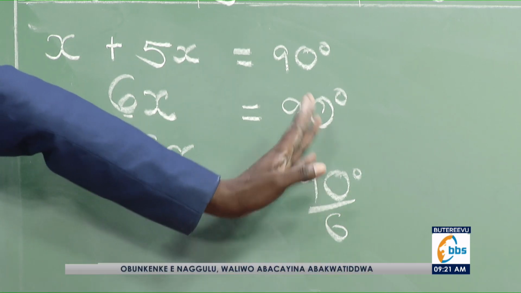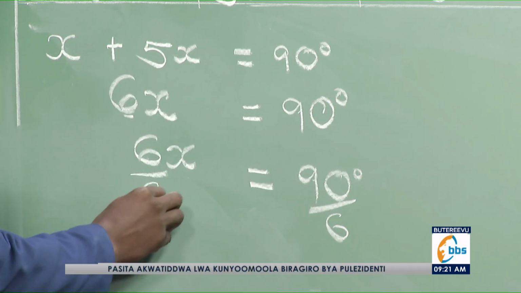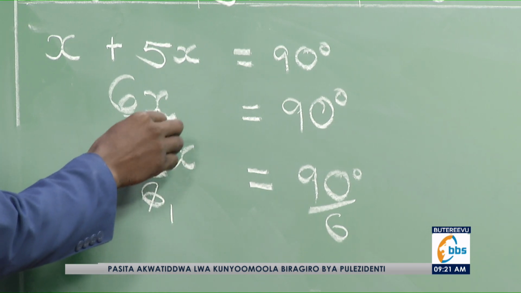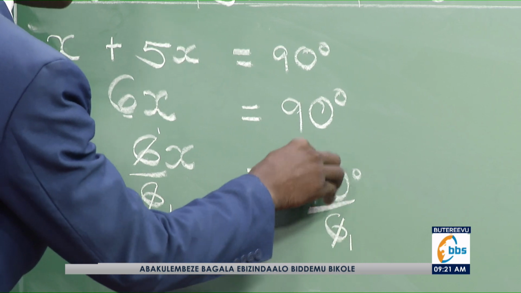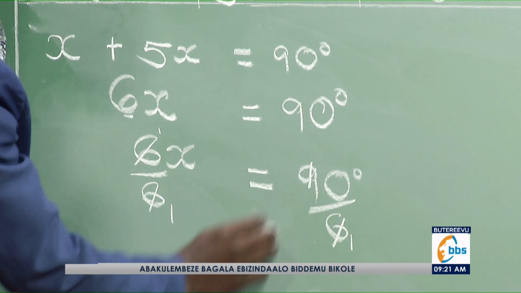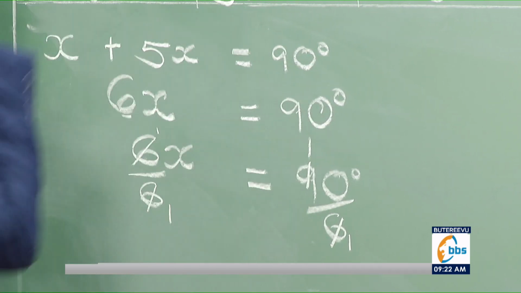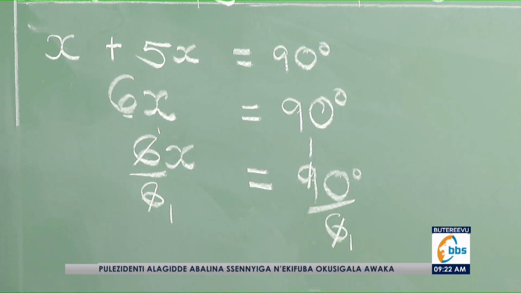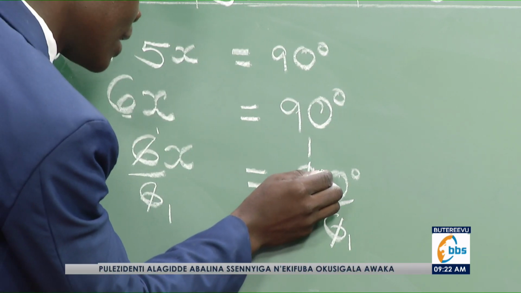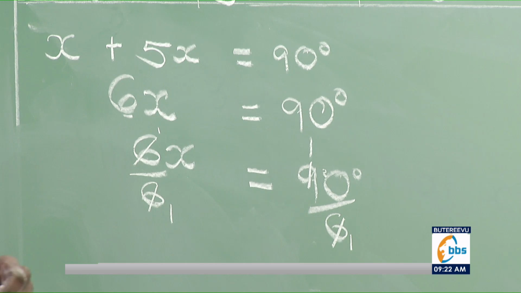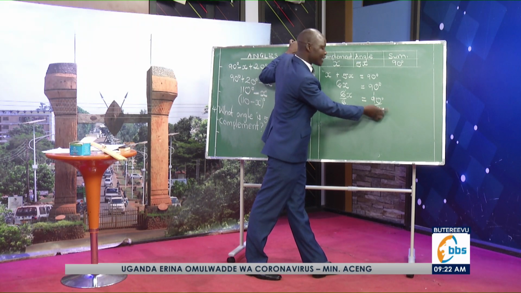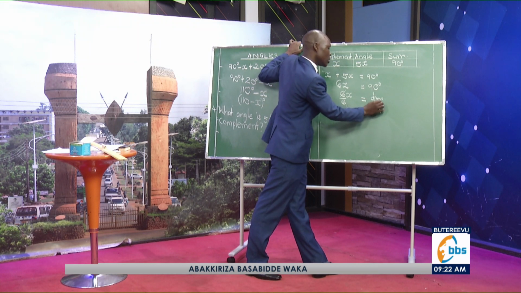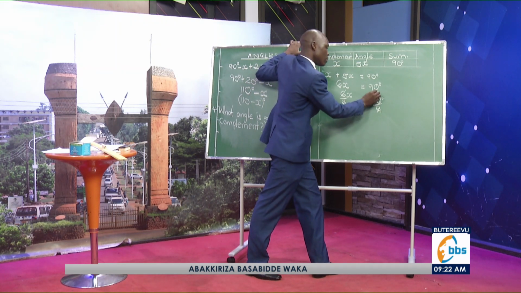Then the same thing should be done on the other side. 6 divided by 6 is 1. 6 goes into 9 once. You remain with 3. And that 3 can be taken to the next digit, the place of ones. Now this one becomes 30. 30 divided by 6, you will end up with 5.